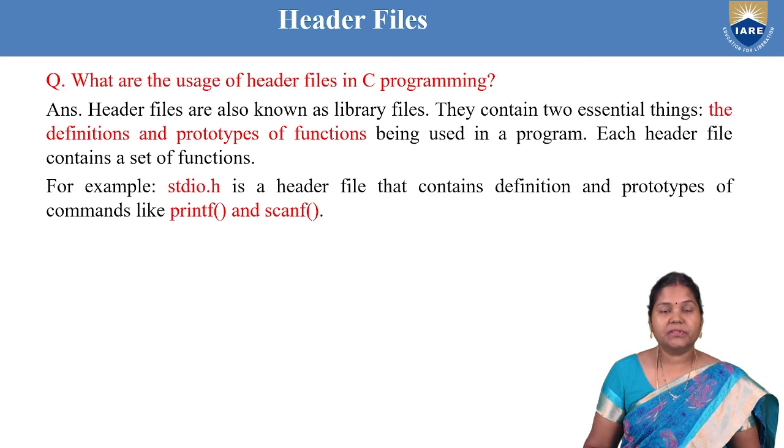Now, C supports a number of header files. So, whenever you want to use any function, you have to write down the appropriate header file in your program. Now, each header file consists of a set of functions. An example is stdio.h, a header file that contains the definition and prototypes of functions like printf and scanf.